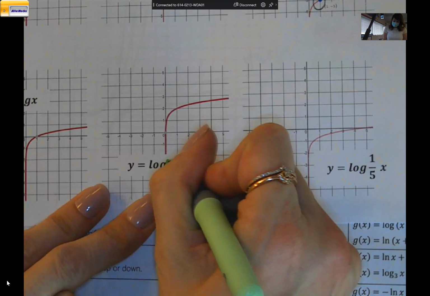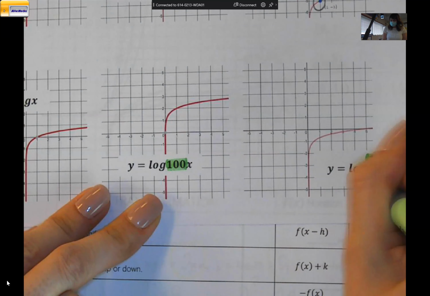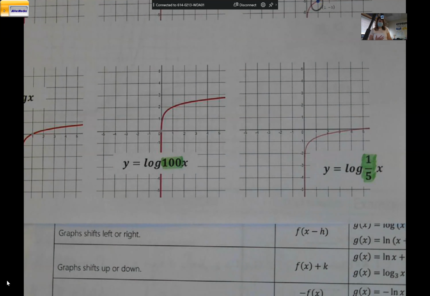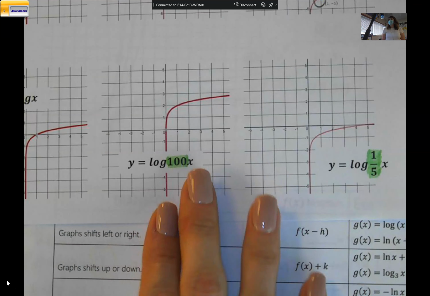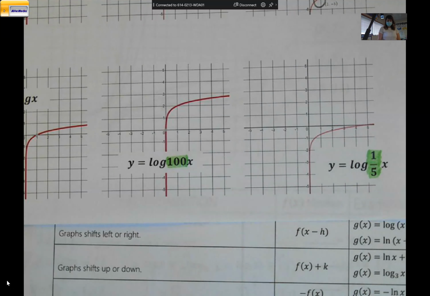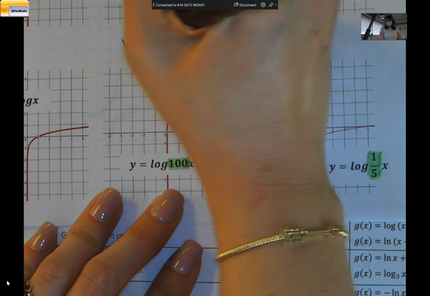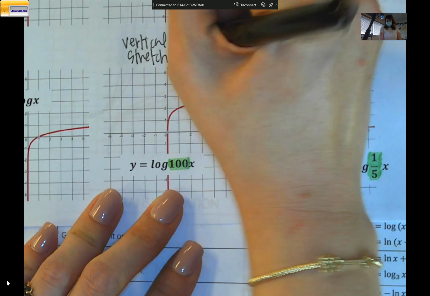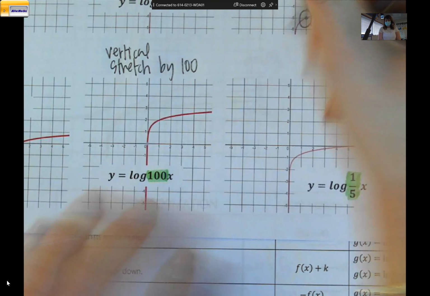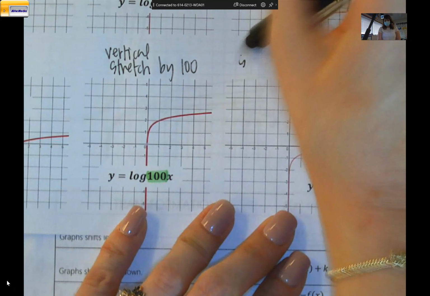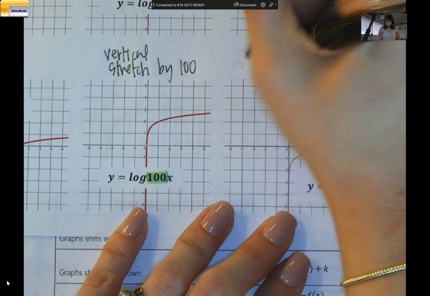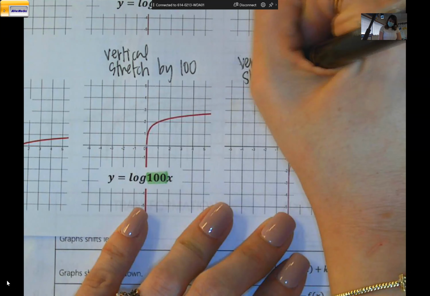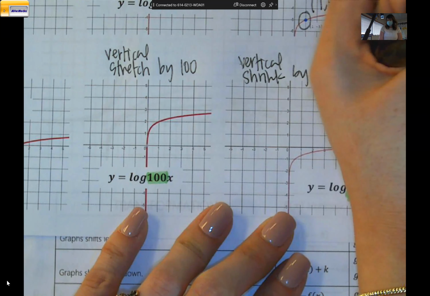If the number is in front of the x, so last time it was in front of the log or the natural log, this time it's in front of the x. This is a vertical stretch by 100. And this guy is a vertical shrink by 1/5.